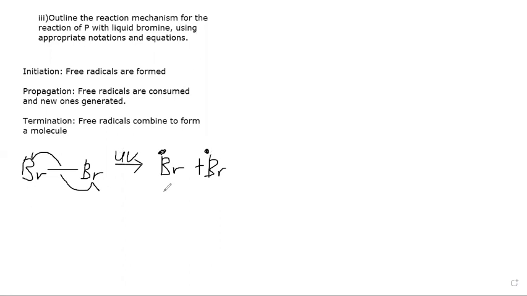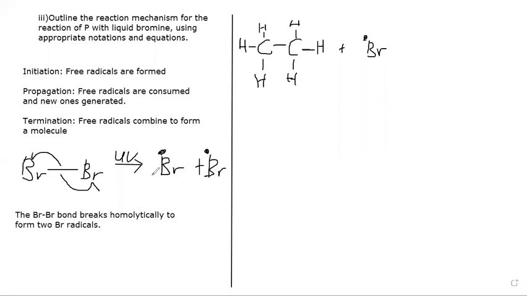In initiation, whichever halogen, say if it was chlorine, the same thing will occur. The bond breaks homolytically. As the notation, you would mention that the bromine to bromine bond breaks homolytically to form these two bromine radicals.